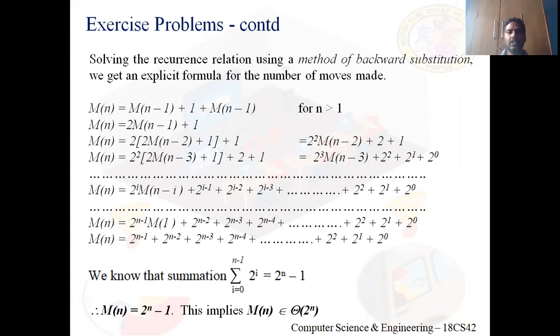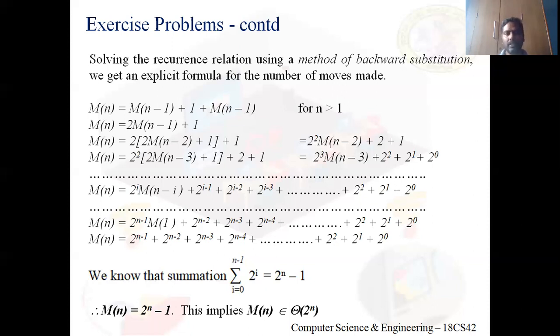The initial condition is that where further invocation should stop. Got it? So then you need to clearly set up a recurrence relation, analyzing how you're going to solve it. So first you set up a recurrence relation with appropriate initial condition for the solution.